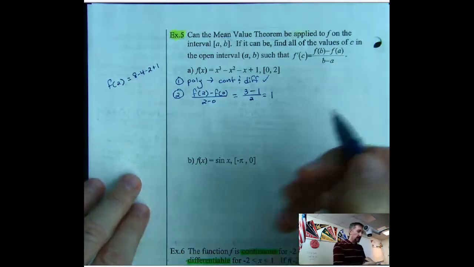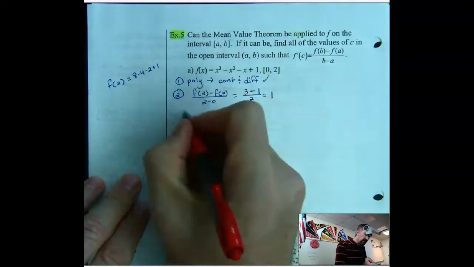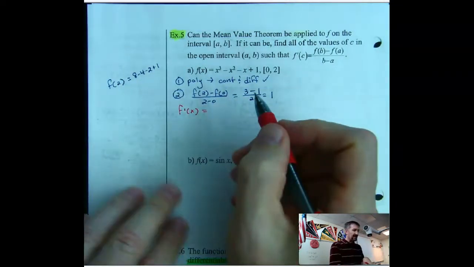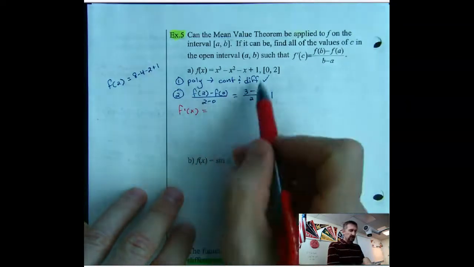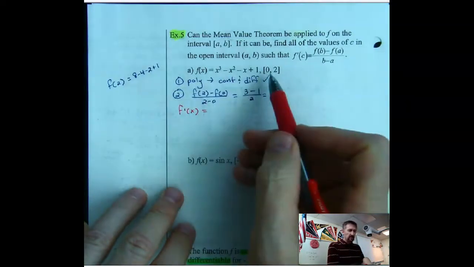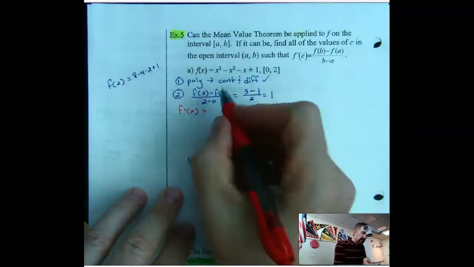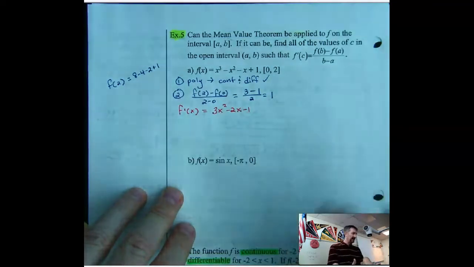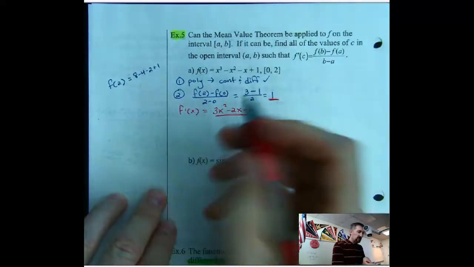All right. So now we're going to take the derivative. A lot of students miss this, and I don't really know why, but you're just calculating the slope using those 2 points, and then you're taking the derivative. So that's going to be 3x squared minus 2x minus 1, and then you're setting the derivative equal to that slope.